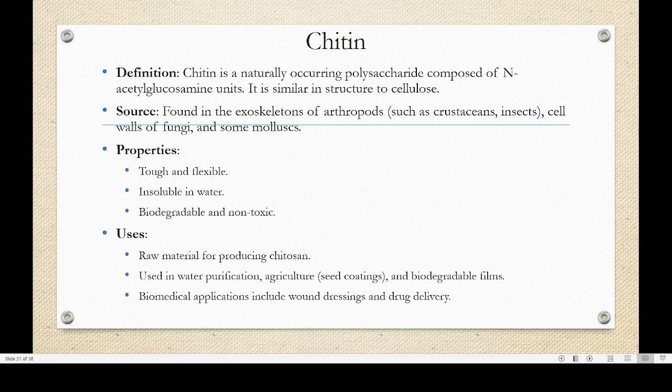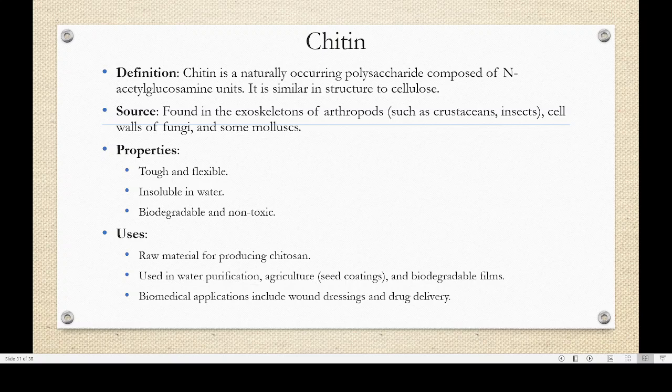Now, what are the properties of chitin? Why is chitin so popular in the animal world? These are the reasons. One, it is a very tough material and also a flexible material. These are two important advantages. If you take a cockroach, it is quite tough, and at the same time it is also very flexible. Then it is insoluble in water.